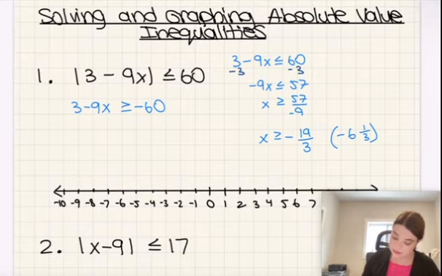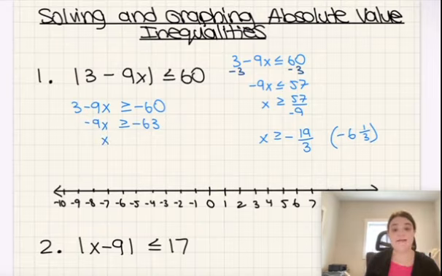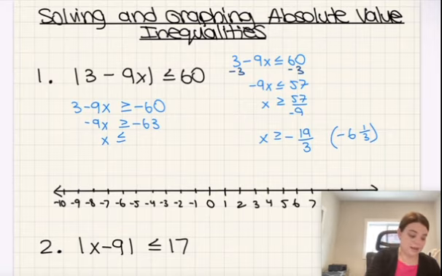Okay, so for the second one, I'm going to subtract 3 from both sides first. So I'll get negative 9x is greater than or equal to negative 63. Then I'm going to divide both sides by negative 9. And if I do that, of course, I need to flip the sign. So I need to switch my greater than or equal to a less than or equal to. And then negative 63 over negative 9 is going to be 7.